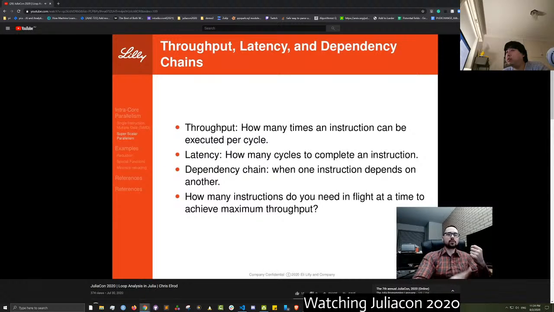Therefore, if your computation was just one long dependency chain, you would have to wait for each instruction to complete before being able to start the next instruction.